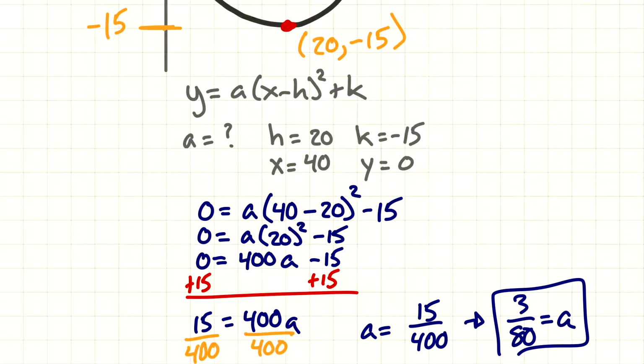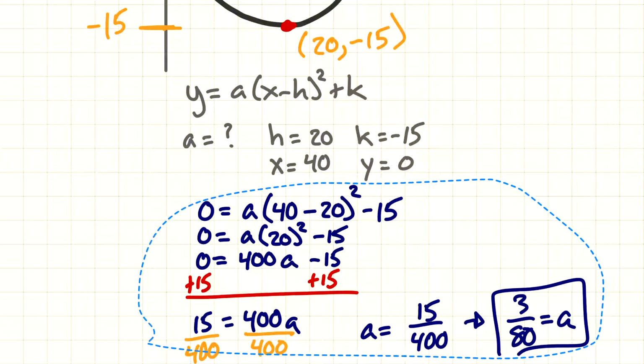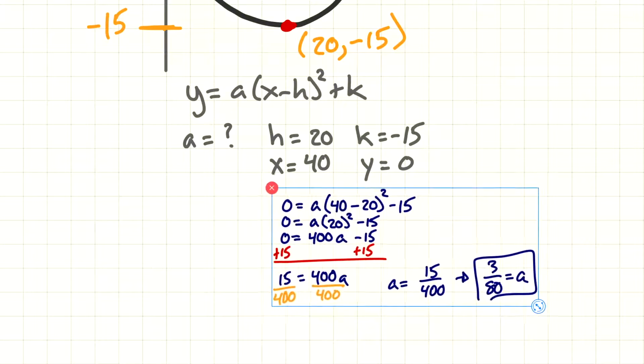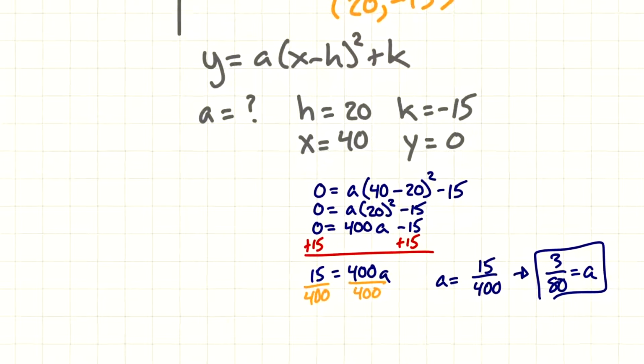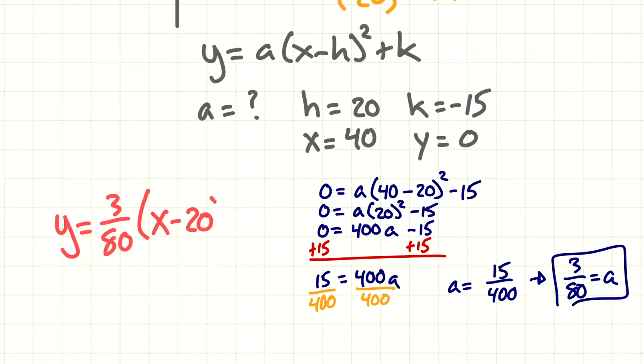Let me see if I can shrink this down. I need more space. All right, and let's write a final equation of y equals 3 over 80 times x minus h, which is 20, squared, don't forget the squared, minus 15.